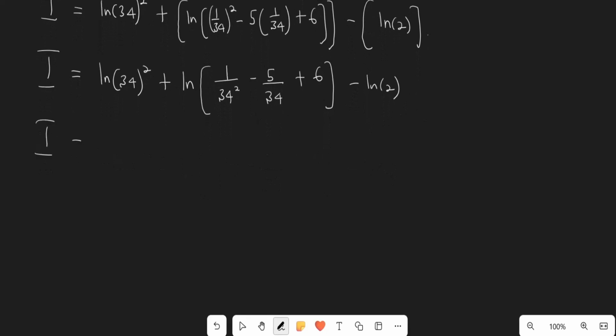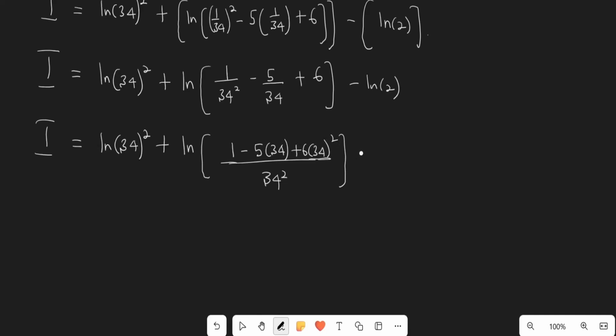Alright, so I is going to be equal to the ln of 34 squared plus the ln of, the LCM here is 34 squared. So dividing by 34 squared gives 1 minus 5 times 34, and now plus 6 times 34 squared. This is what we have inside the ln, minus the ln of 2.